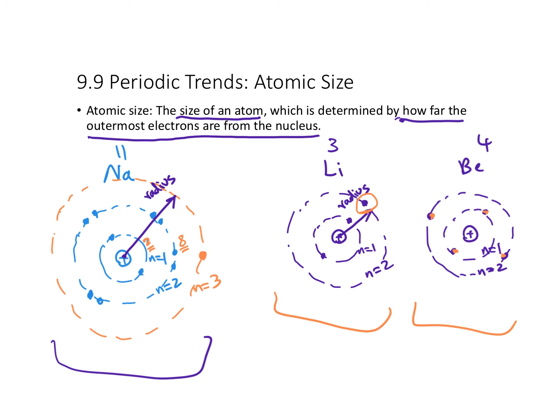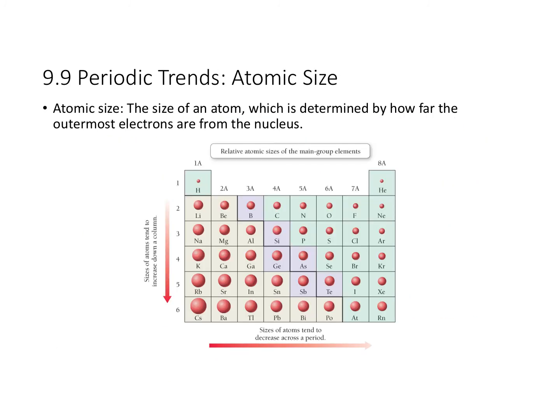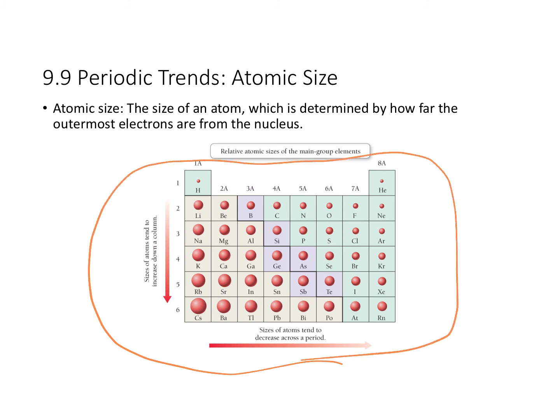But the difference is not as obvious as when we're moving in a group. In other words, your book has this nice figure that has elements listed, and as you see, when we go left to right, atomic size decreases.